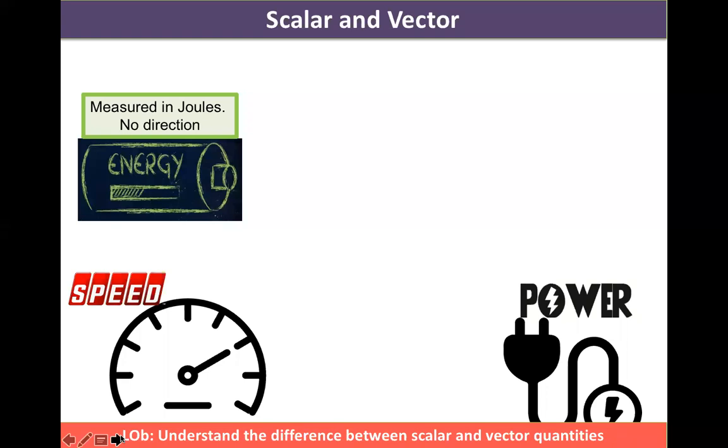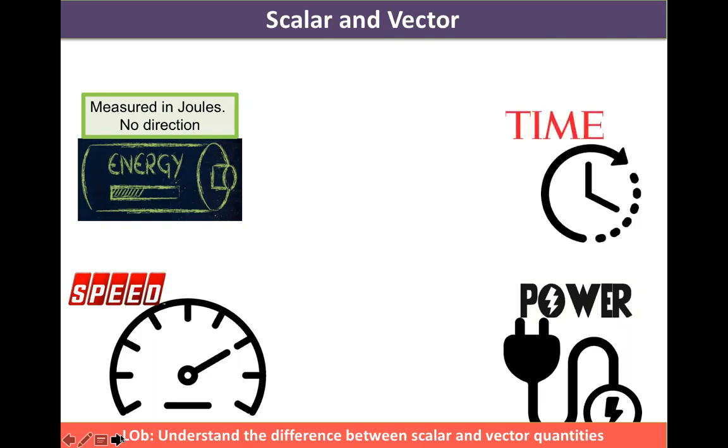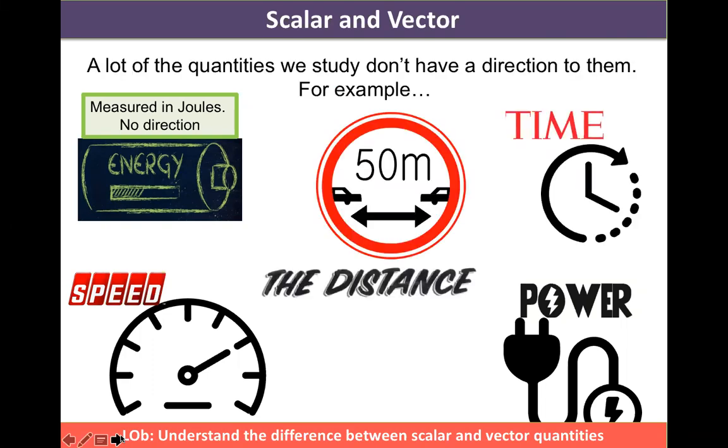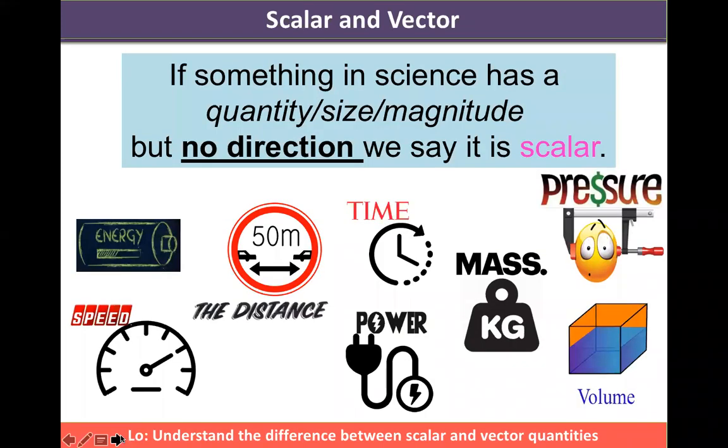Power, this electrical appliance works in 20 watts. It's just a magnitude. Time as well. So all these things have no direction. It's just a quantity, just magnitude. This is known as scalar. Scalar means there's no direction, it's just magnitude. If something in science has quantity, size, or magnitude, but no direction, we say it's a scalar.